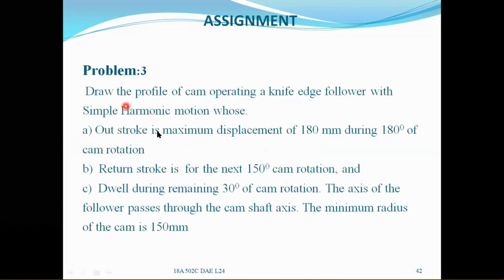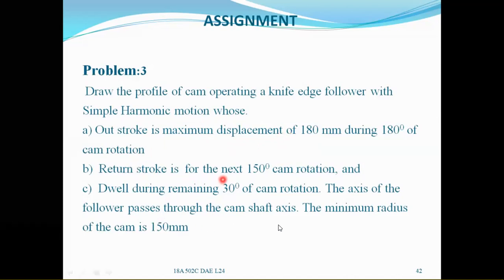Next assignment: draw the profile of a cam operating a knife edge follower with simple harmonic motion. The outstroke has a maximum displacement of 180 mm. That means the stroke, or lift, of the follower is 180 mm during 180 degrees of cam rotation.